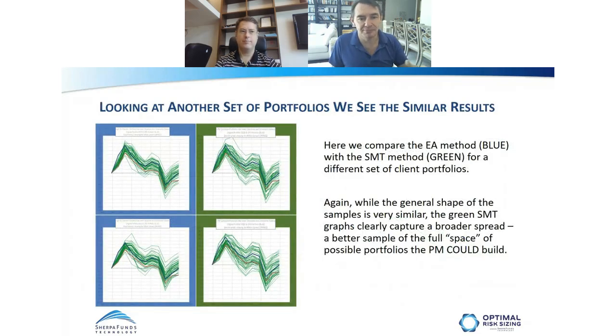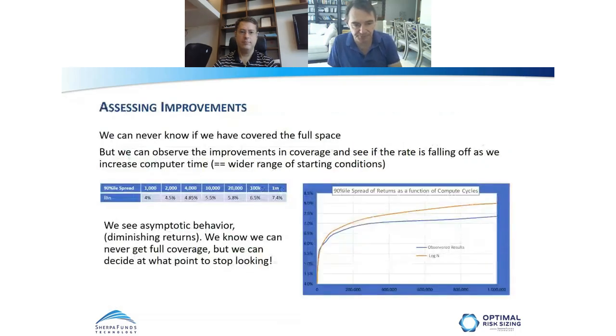Again, without getting too technical, time and time again we see how we've gone from the simplest possible way of finding portfolios to the EA approach, which gives us the blue graphs, to the SMT approach, where we get the green graphs. We see consistently that we're getting a wider range of possible outcomes in portfolio return space, which infers that in the n-dimensional hypercube we're getting a wider range of possible outcomes and a broader sampling of the corner cases. So that says it's doing its thing.